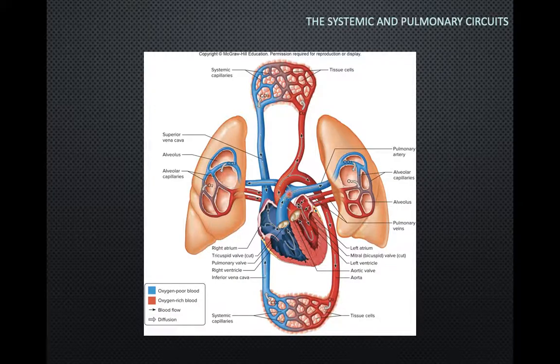From the pulmonary trunk, we see extensions to the left and to the right lung through what are called the pulmonary arteries. Okay? They go to the lungs, CO2 is released, oxygen is picked up, and then through the pulmonary veins, blood is sent back into the left atrium, down through this valve right here into the left ventricle, where it is then pumped out into the aorta through an aortic valve.